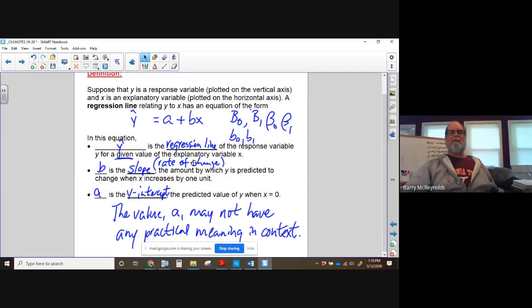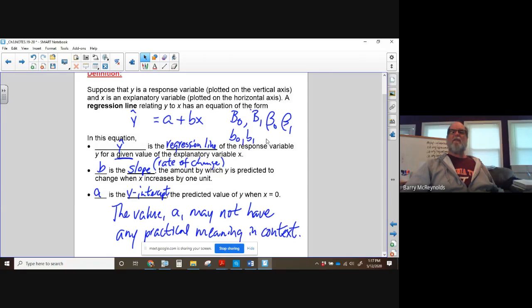And so if you're asked to interpret the y-intercept, that's what you'll do. And if it does not have any practical meaning, it's certainly acceptable to say that the value for A is not meaningful in this context. But it is important for us to keep track of this value because it helps us calculate the predicted value.